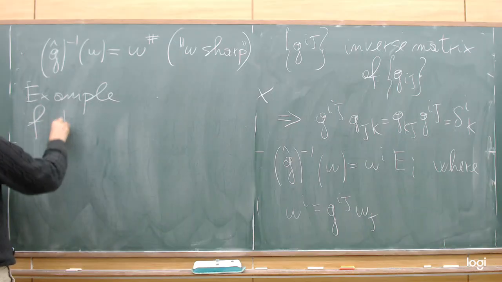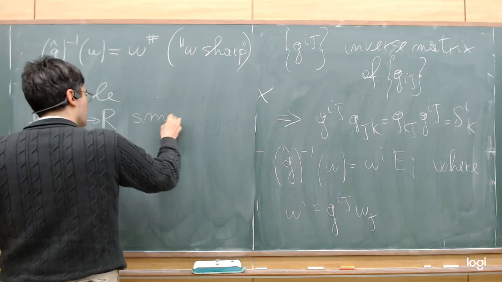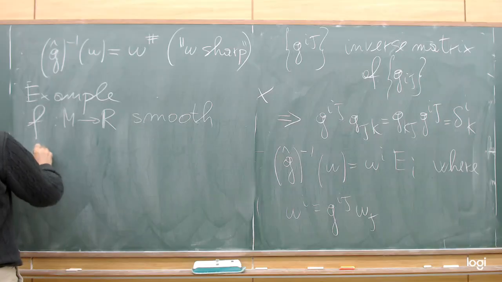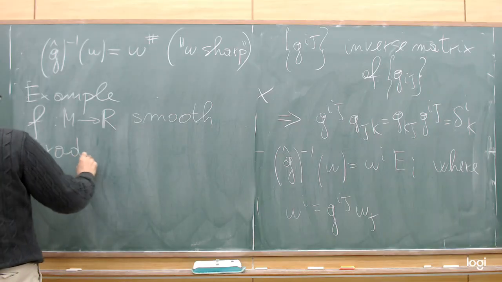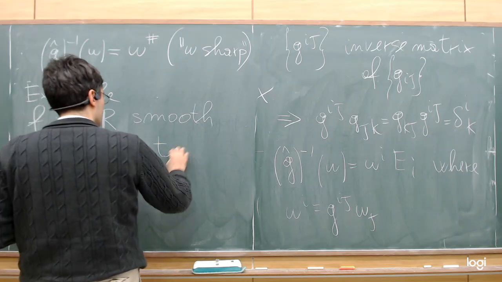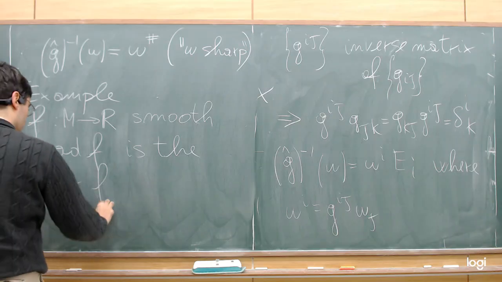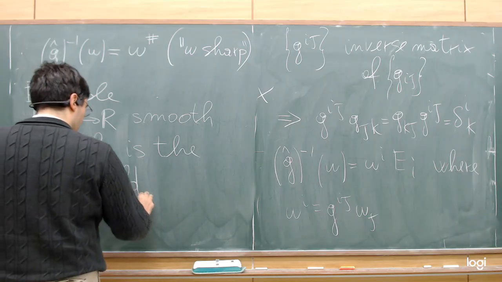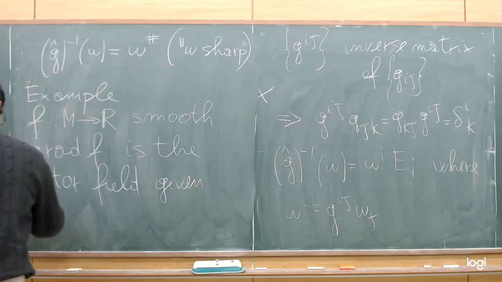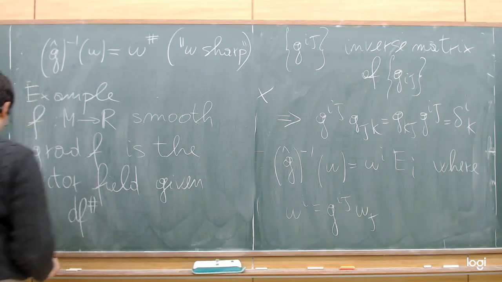Suppose that f is smooth, then we can define the gradient of f as the vector field given by df sharp.